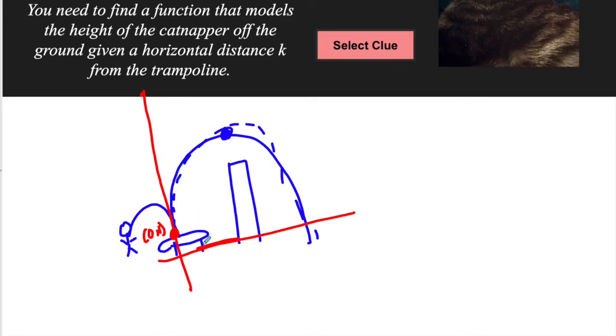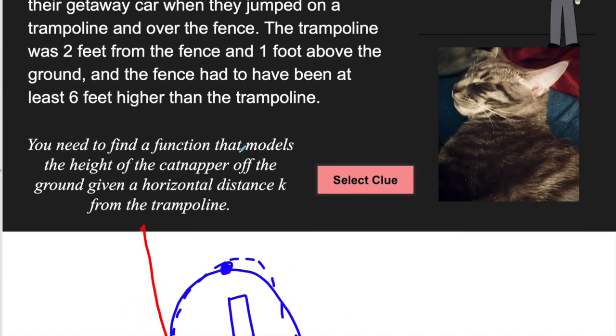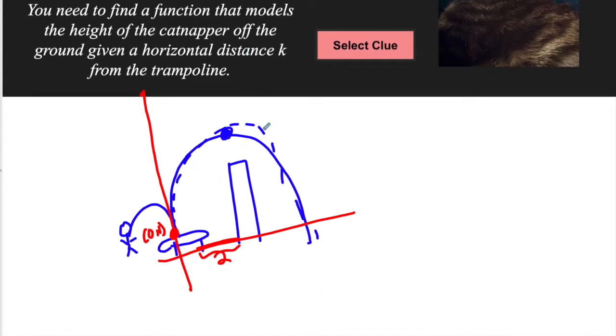Now we know the trampoline is 2 feet from the wall. And we also know that the fence had to have been at least 6 feet higher than the trampoline. So the difference between just the fence and this point right here is 6.